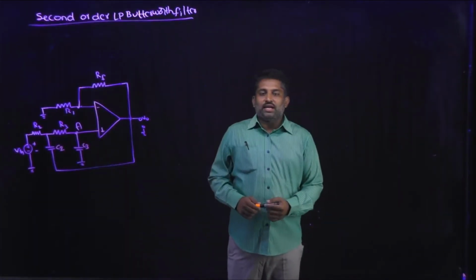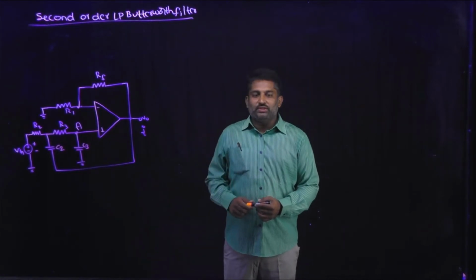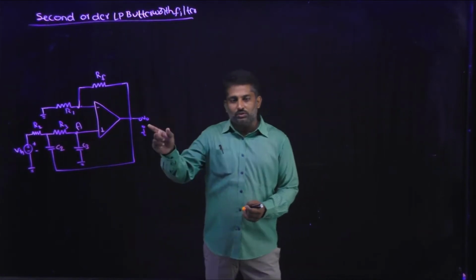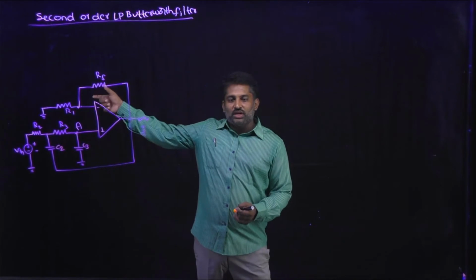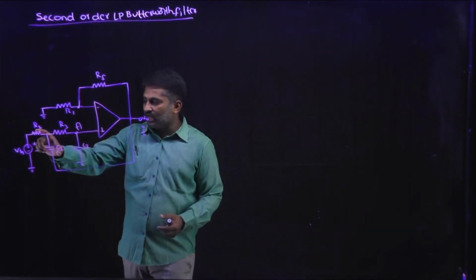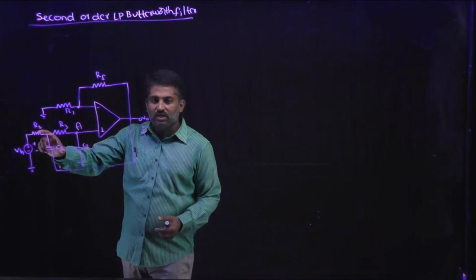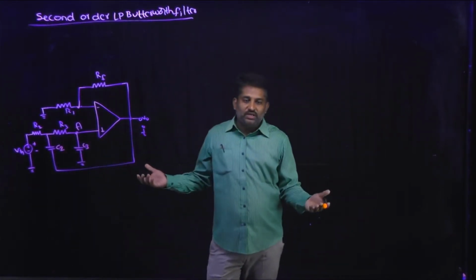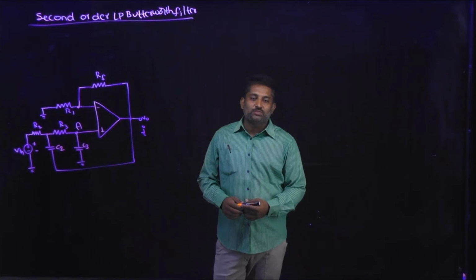Coming to the second order low pass Butterworth filter, if you observe the circuit diagram compared with the first order low pass Butterworth filter, here we are adding an additional RC network to the circuit, then it becomes the second order low pass Butterworth filter.